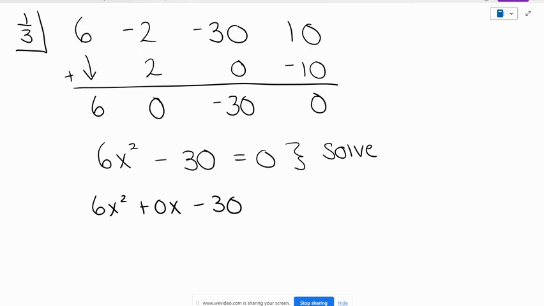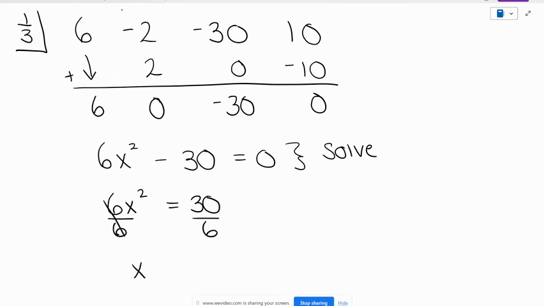So I just didn't write the 0. I don't need to use the quadratic here because I can just solve. So this is going to be 6x squared equals 30. Then what should I do? Divide by 6. So then I'm going to have x squared is equal to 5.